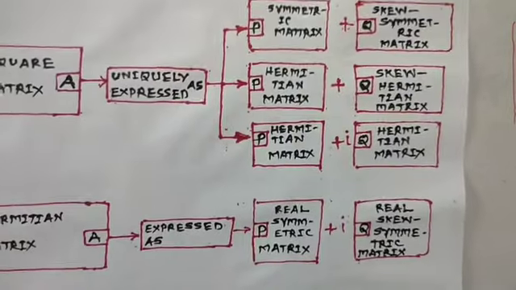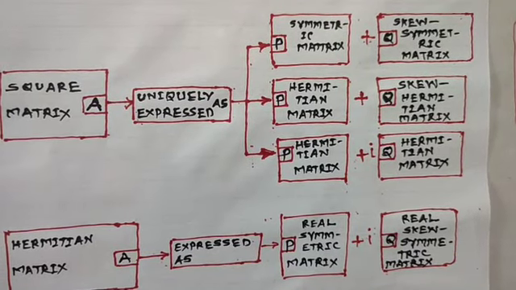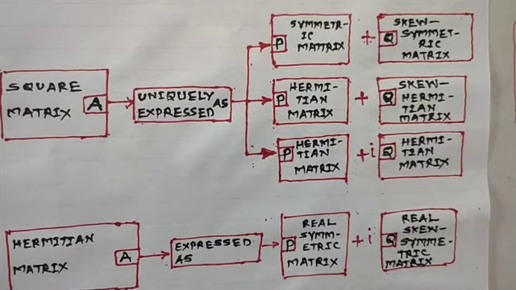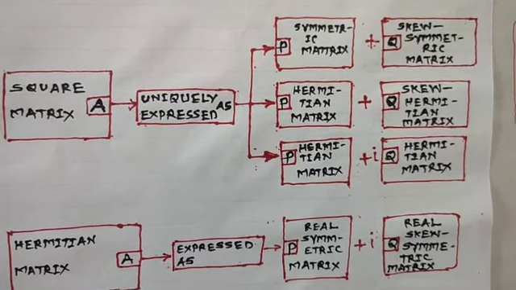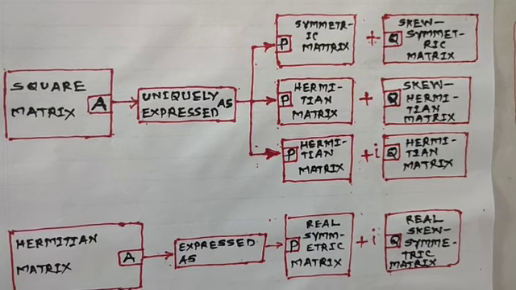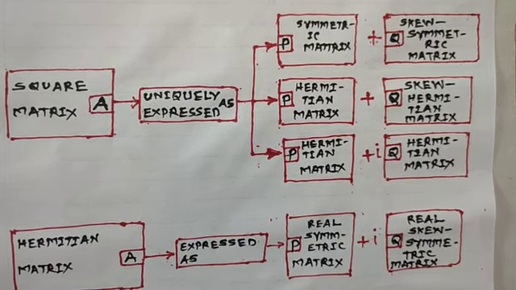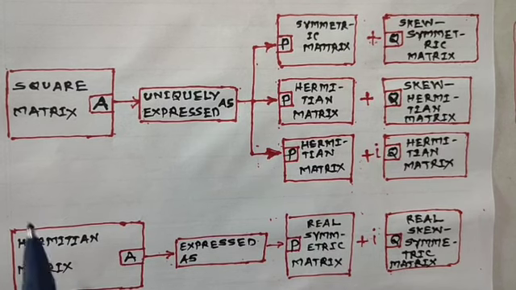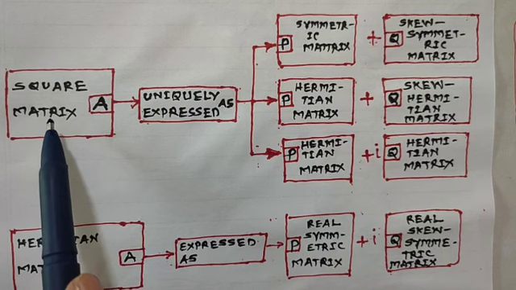Let us know about some of the theorems, or you can say properties, which we have to prove. This is just a box diagram. Here we can prove those properties. Before that, try to understand what those properties are.